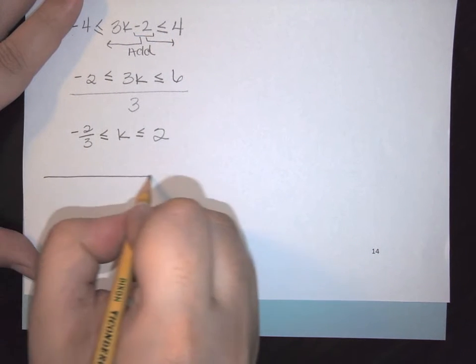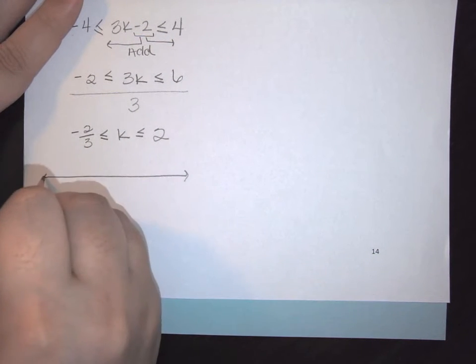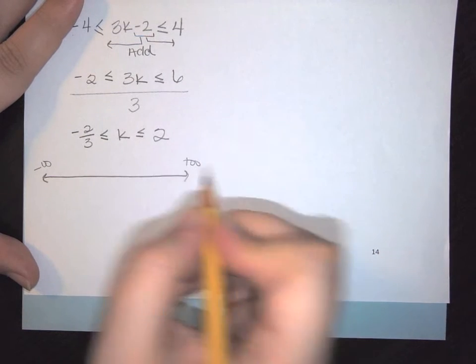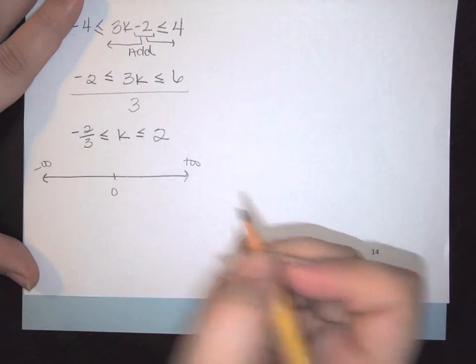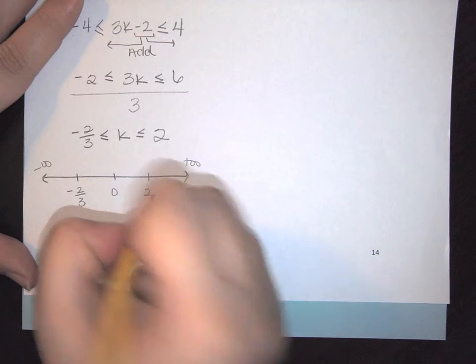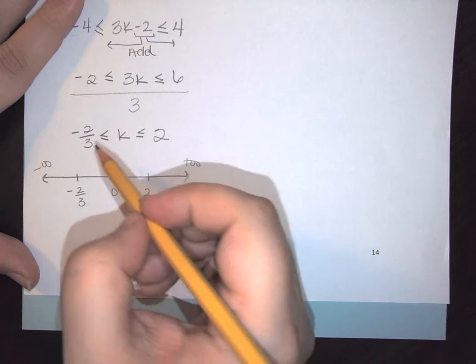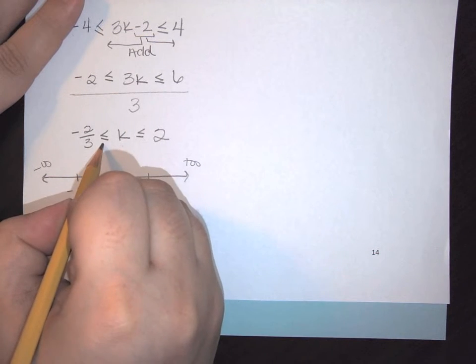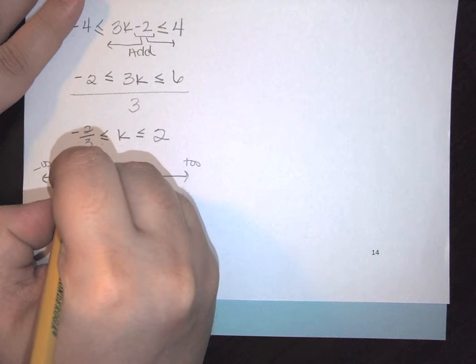Now again, we have to do the same thing. You're going to graph your number line. So again, the left is negative infinity, the right is positive. Put your 0 in the middle, and then we're looking at a negative 2/3 and a positive 2. And here, my k value is going to fall between them, and because I have the equals, it means there are going to be brackets.